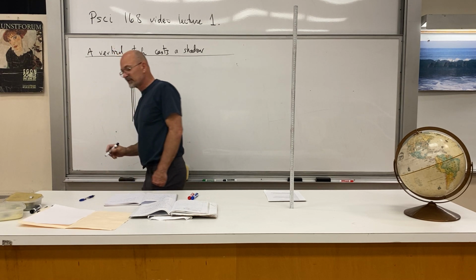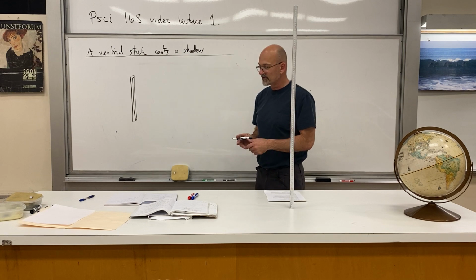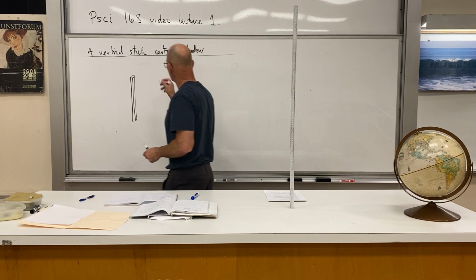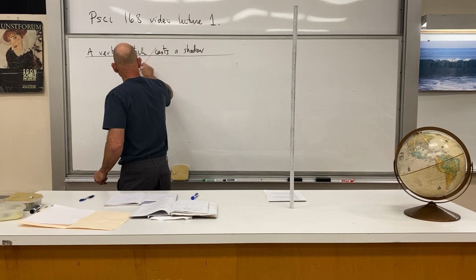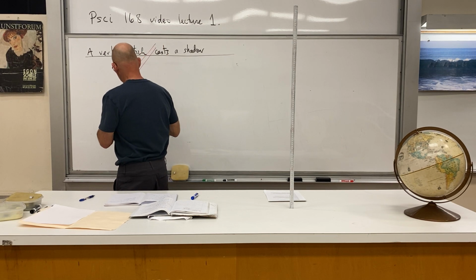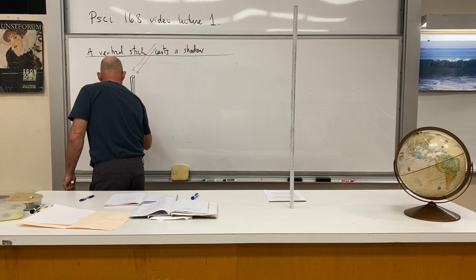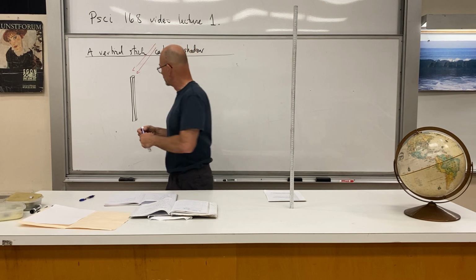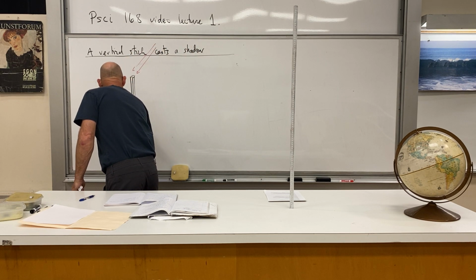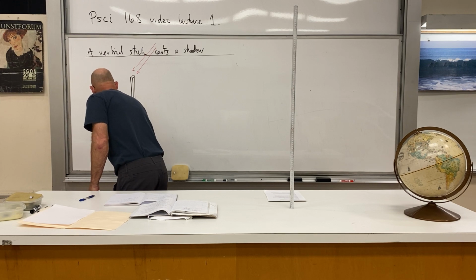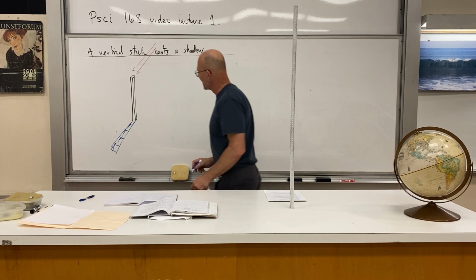I happen to have this kind of square cross section of a ruler. And we'll let the sunlight come from here, and the shadow that it's going to cast on the ground, I've got colors here, so I'll use blue. There's the shadow that it casts on the ground.